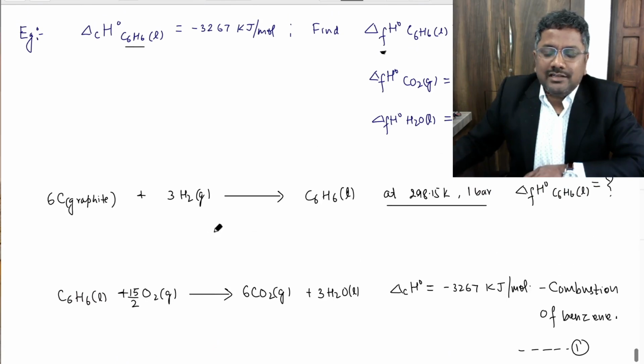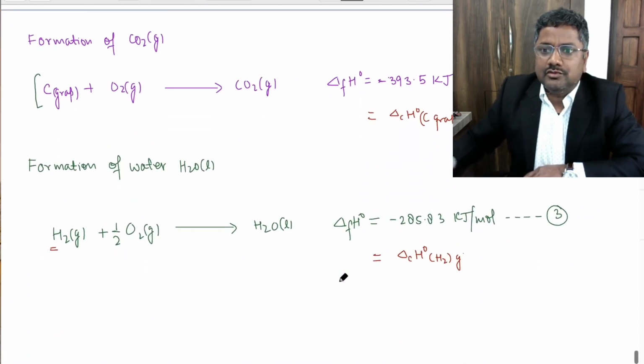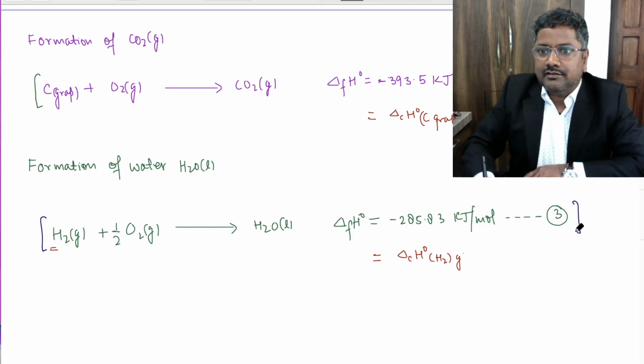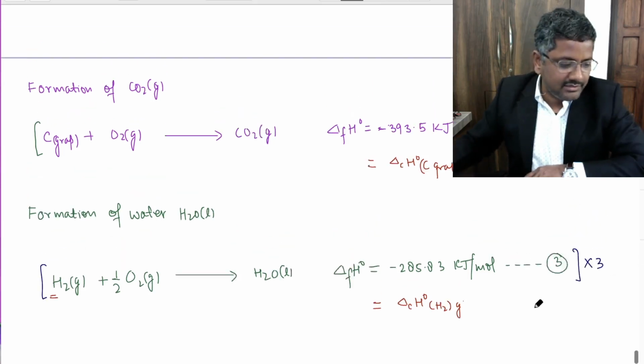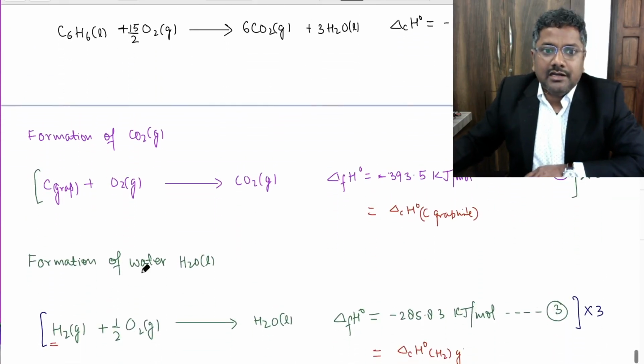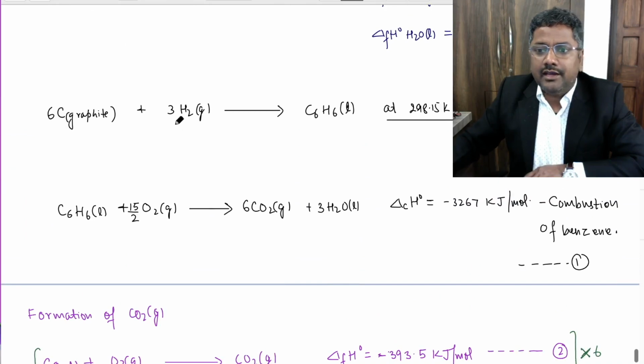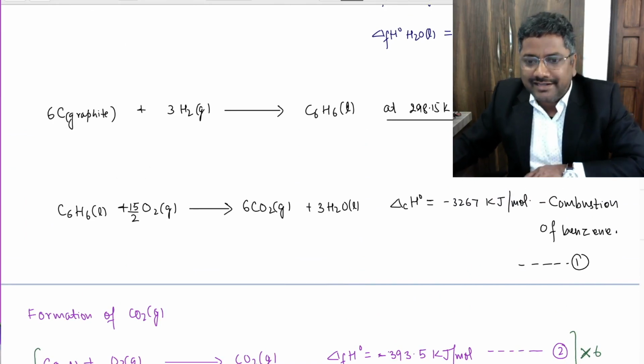You require 3 hydrogen, so equation 3 must be multiplied with 3. And carbon and hydrogen you want on the left hand side, and benzene you want on the right hand side.